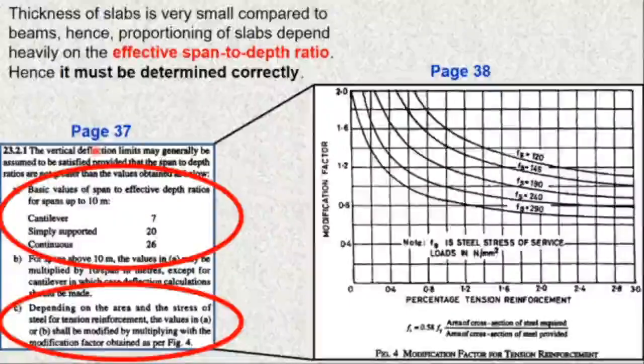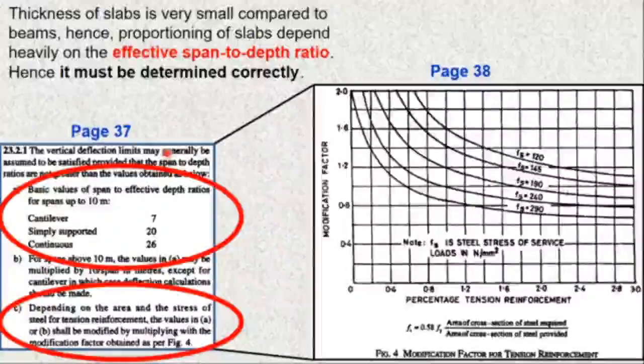We know that a slab is a structural element which is very thin compared to beams. It has a large expanse, it occupies a large surface, but its thickness is very small compared to beams. So the effect of this ratio, the effective span to effective depth ratio, is very important. We have to restrict the deflections in slabs much more than in case of beams.